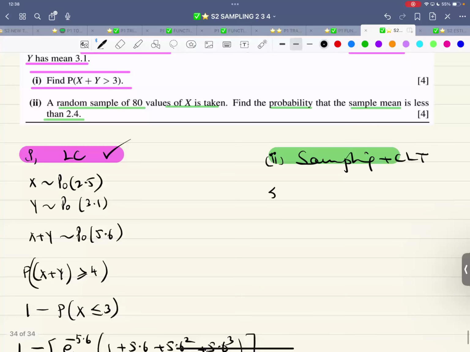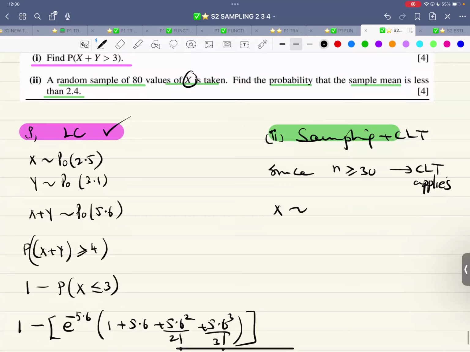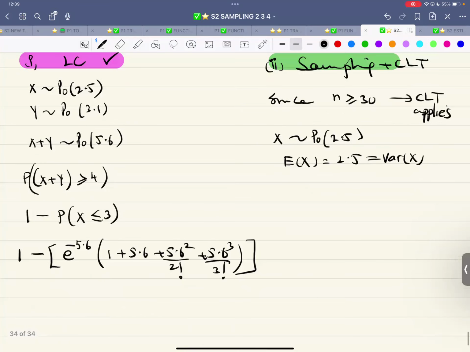So now we would say since sample size is large, therefore CLT applies. First of all, it's only about one variable, which is x. What is the mean of x? 2.5. So we will say x follows a Poisson distribution with 2.5. Therefore, expectation of x is equal to 2.5, so is the variance of x. So what exactly are we doing?